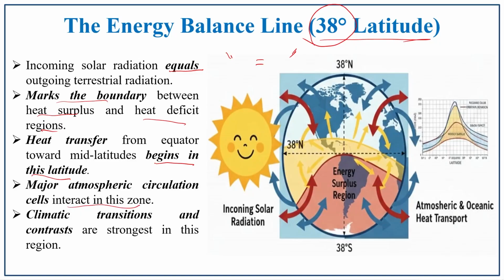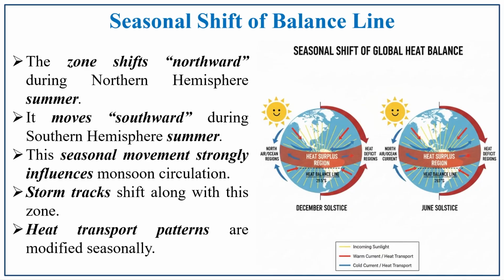This will be elaborately discussed in the concept of the polar atmospheric circulation cells, where we will have an elaborate discussion. The climatic transitions and contrasts are strongest in this region. So, this 38° latitude is the most important latitudinal line or border which balances the surplus and deficit.